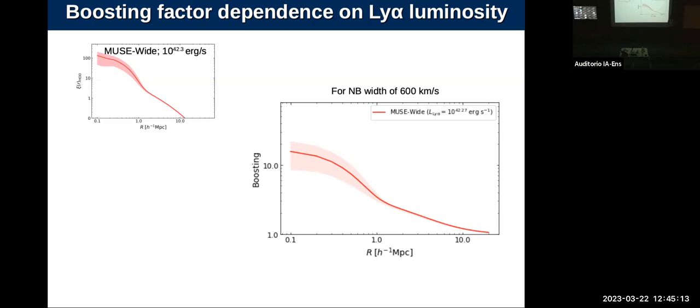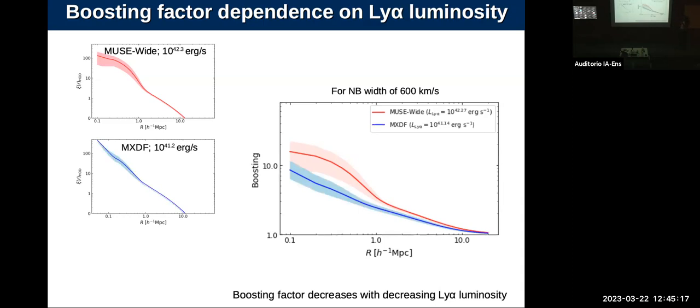We can take the faintest of all our surveys. We can take MXDF and do exactly the same. MXDF is already one order of magnitude fainter than MUSE-wide, but we know it's still detected. And if it's still detected, it's still brighter than those Lyman-alpha emitters. So these will still be upper limits.